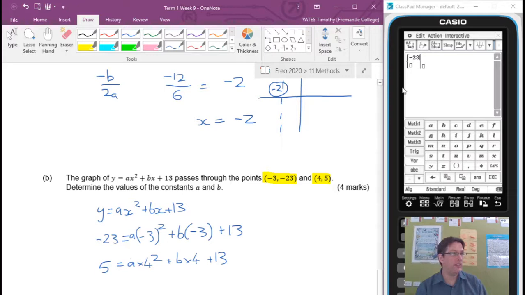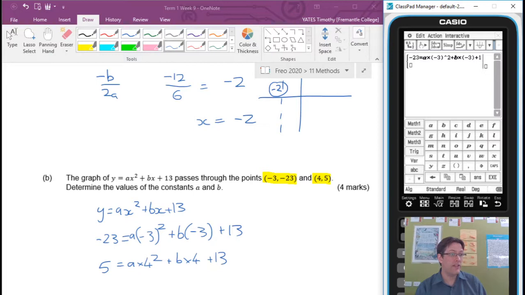So let's put these into our calculator. -23 equals a times -3 all squared, plus b times -3. Let's put that in brackets just to be safe.